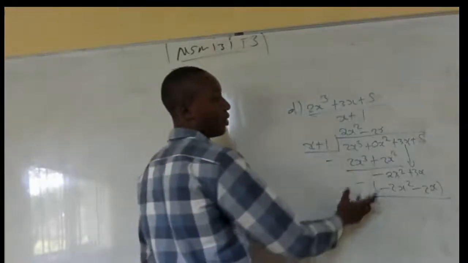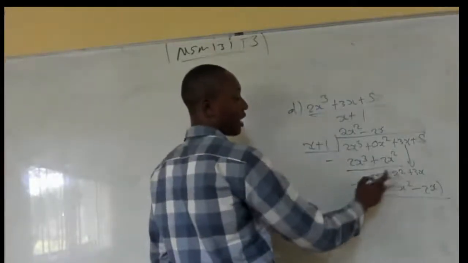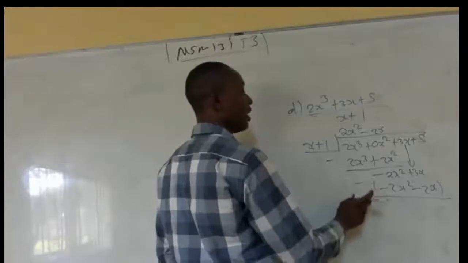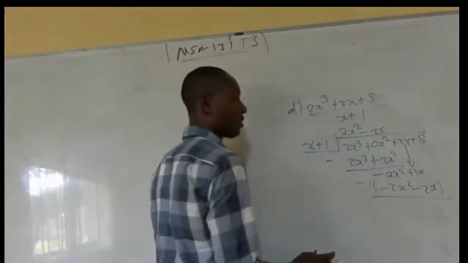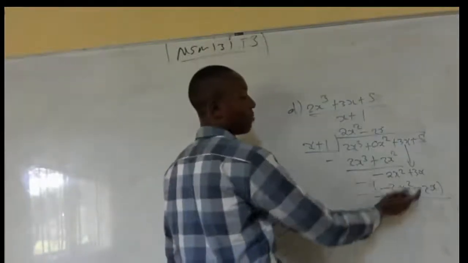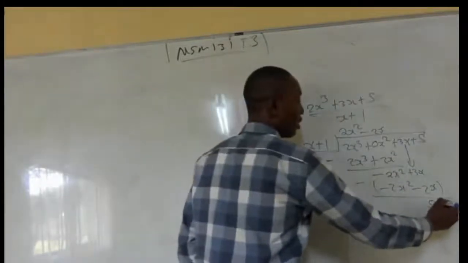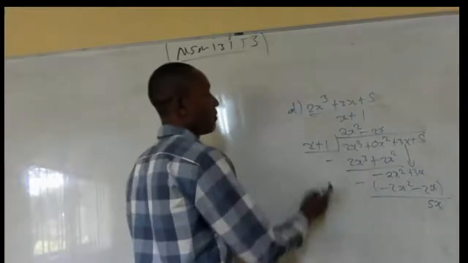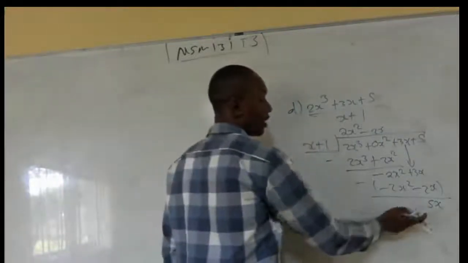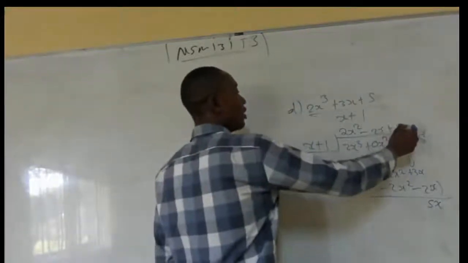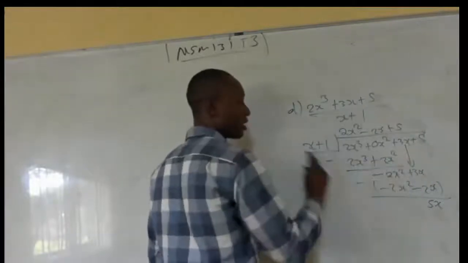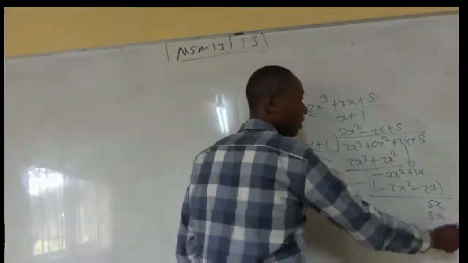Alright, so negative 2x squared plus 3x minus, alright? So minus becomes positive, so this is 0, but 3x minus positive, so this becomes 5x, right? So x into 5x is actually 5. Then 5 times this is 5x.